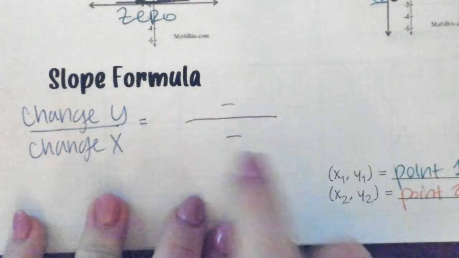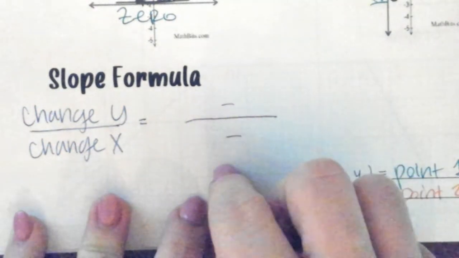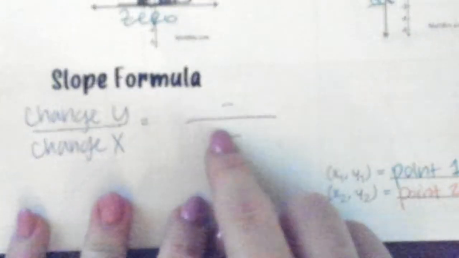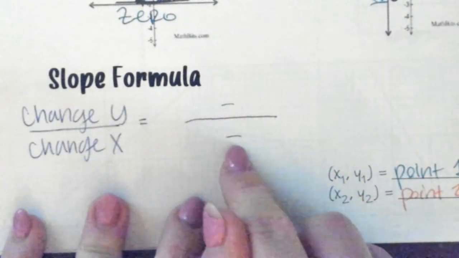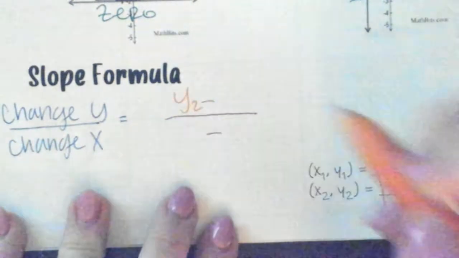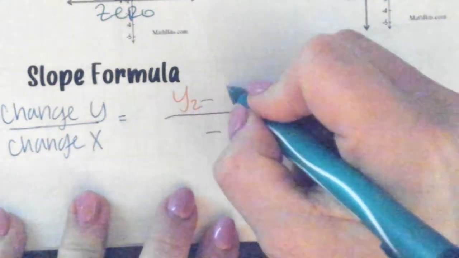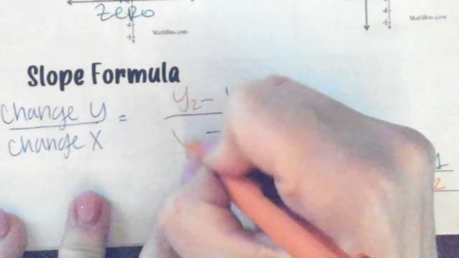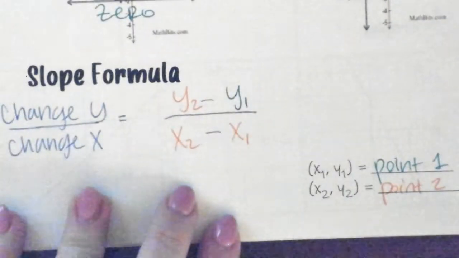And this one would be point 2. And I'm going to put my y's on top and subtract them because we're doing the change. Change would be subtraction. Over my x's on the bottom, again subtraction. So I'm always going to put point number 2 first. So this would be y2 minus y1 over x2 minus x1.